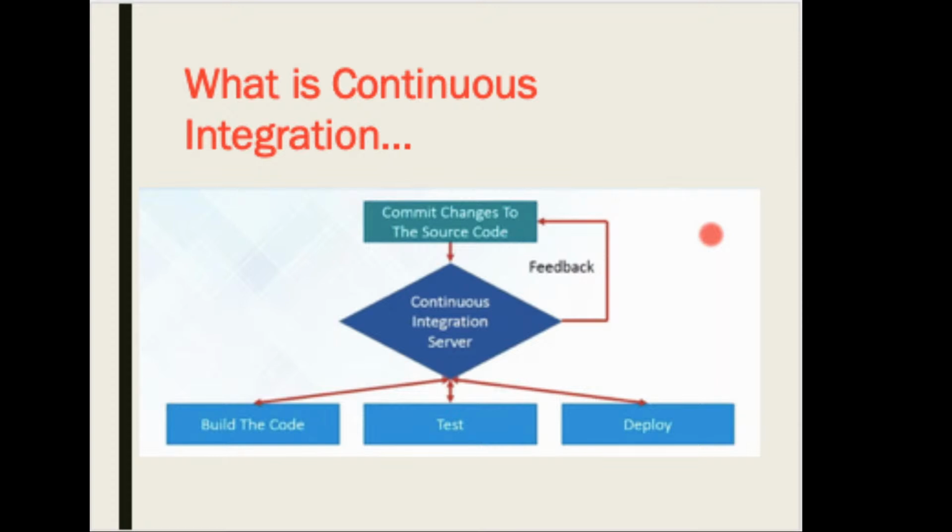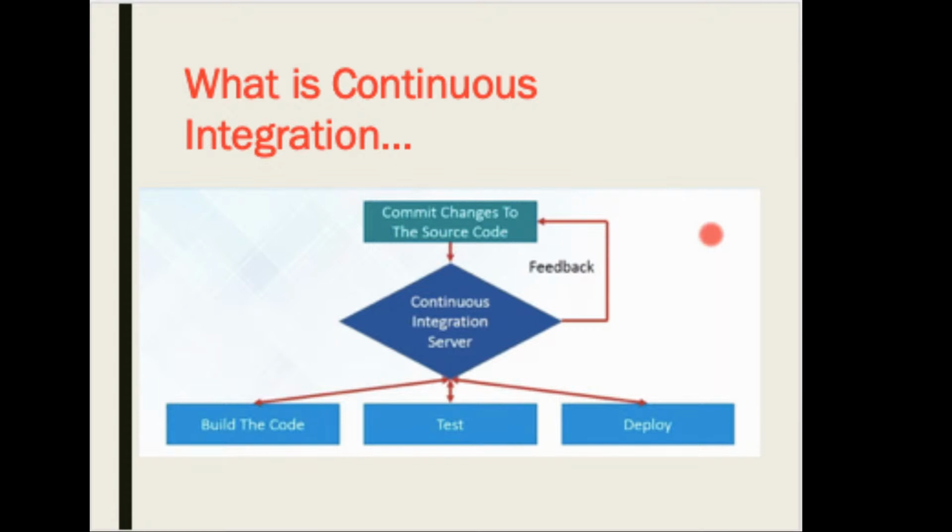Once you are able to do a continuous integration, this continuous integration leads to continuous deployment. And once you are able to do continuous deployment successfully, this will allow us to deliver software more quickly. Okay. Now, looking at this flow chart, which basically describes how continuous integration would probably work.